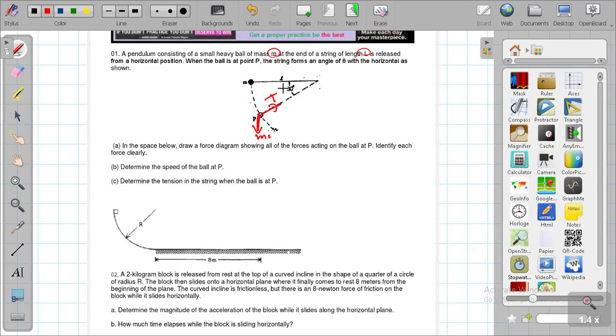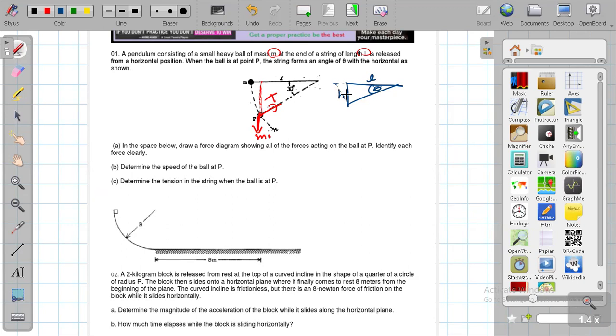Determine the speed of the ball at P. So you can find out the amount of height it has just fallen through. How? When you draw this triangle, it is just L. This one is theta. The other part you don't want to consider now.